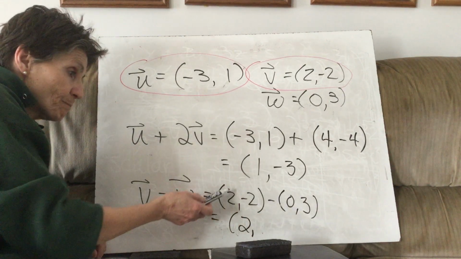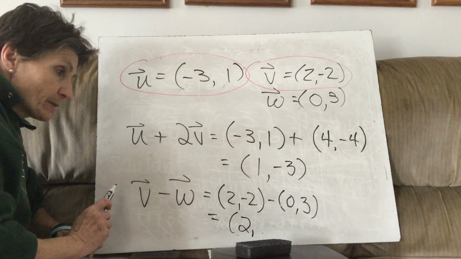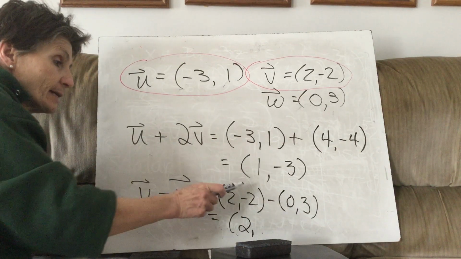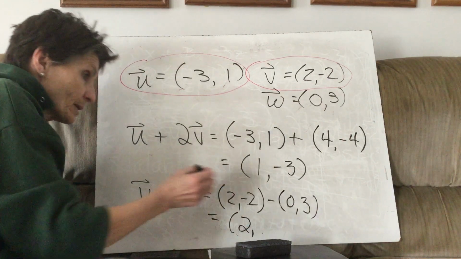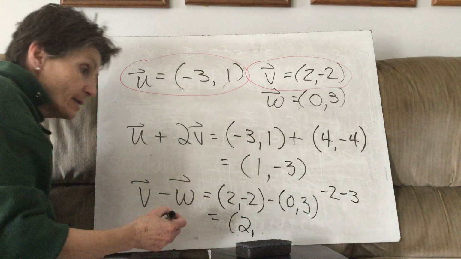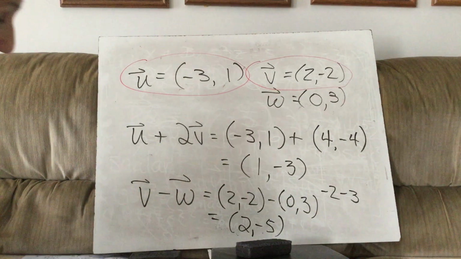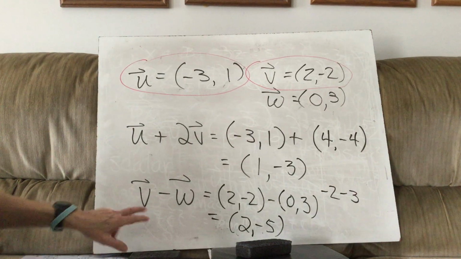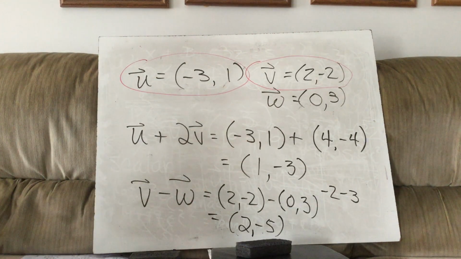And then we're going to take negative 2 minus 3, which will be negative 5. And that is the difference of vector V minus vector W.